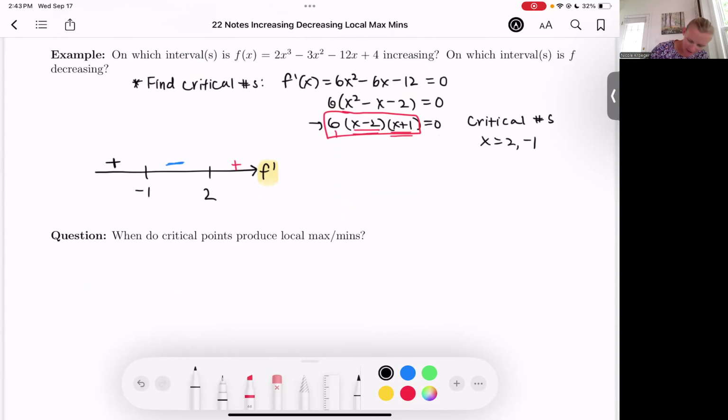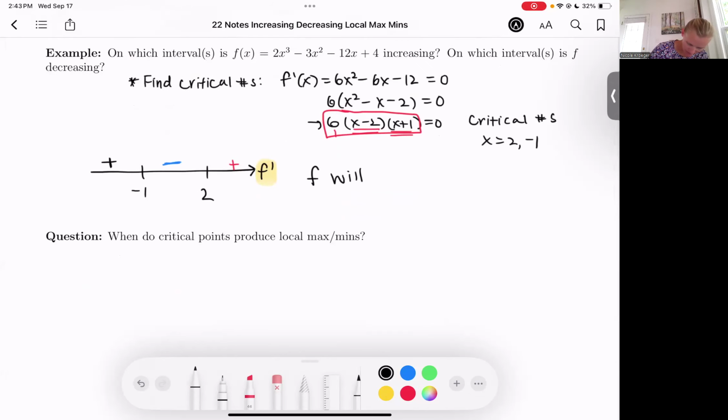So my function f will be increasing where the derivative was positive. So the derivative was positive over here and over here, but not at -1 or at 2 because the derivative was 0 at those values. And the function will be neither increasing nor decreasing if the derivative is 0.